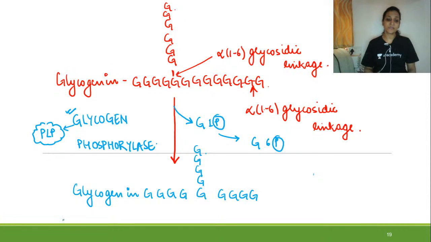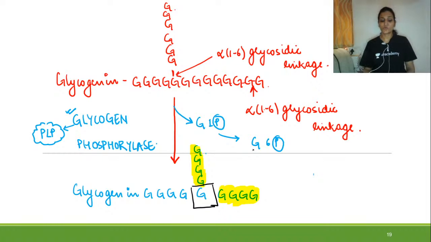And what is this limit dextrin actually? Whenever there are four glucose residues present on either side of the branching point, it is called limit dextrin. These are the four glucose residues, and here, these are the four glucose residues, present at the branching point.